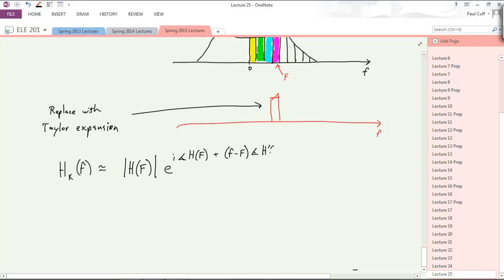By this I mean the derivative with respect to frequency of the phase, not the phase of the derivative of H. Let me replace it so there's no confusion: d/df of the phase of H of F. Okay.